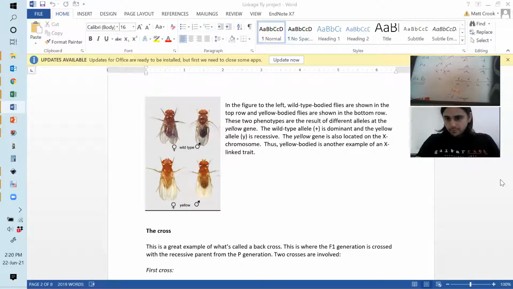Oh, forgot. This is called trans linkage. These terms aren't super important right now for this lab. They will be terms that we'll be using in class.